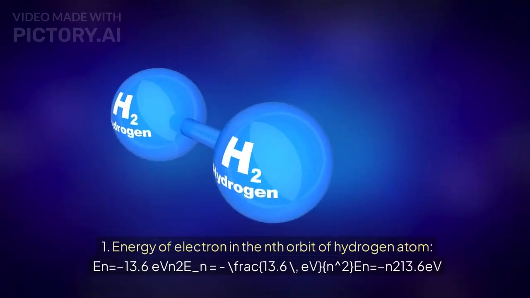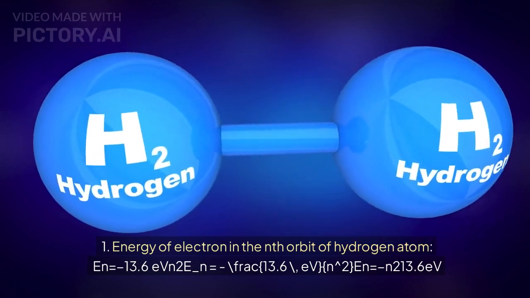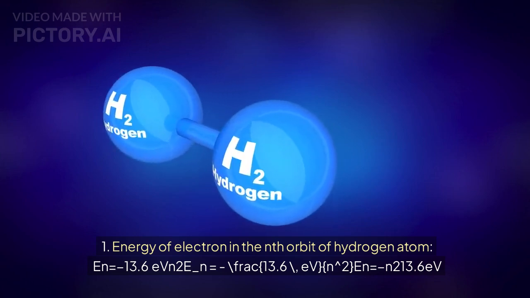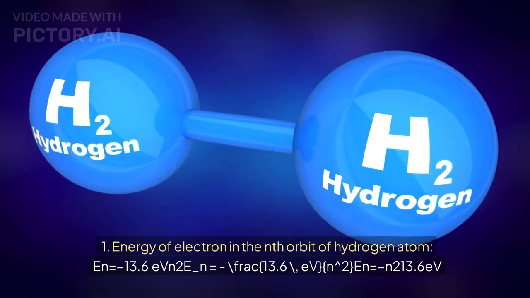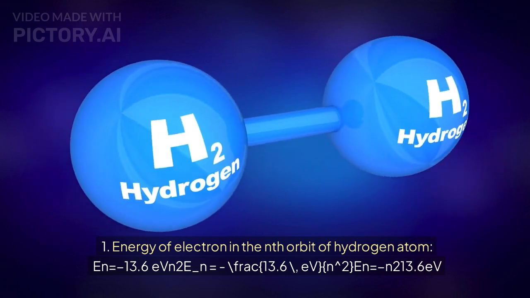1. Energy of an electron in the nth orbit of the hydrogen atom: E_n equals minus 13.6 eV over n squared, in electron volts. 2.